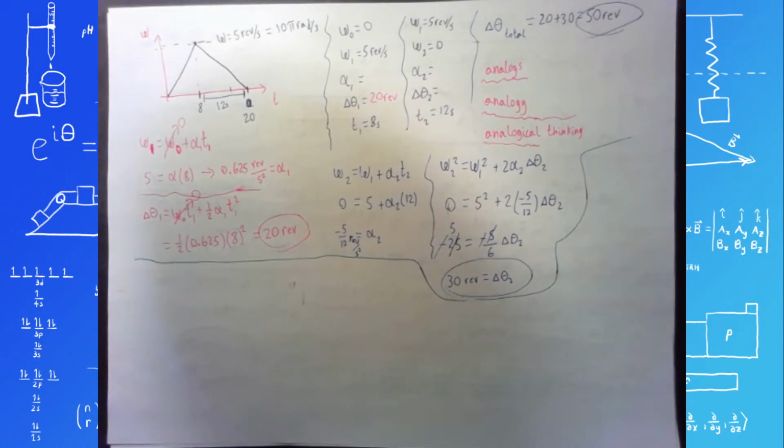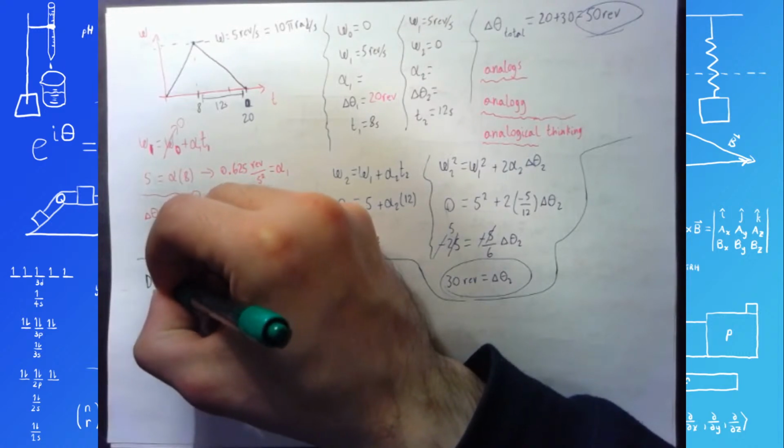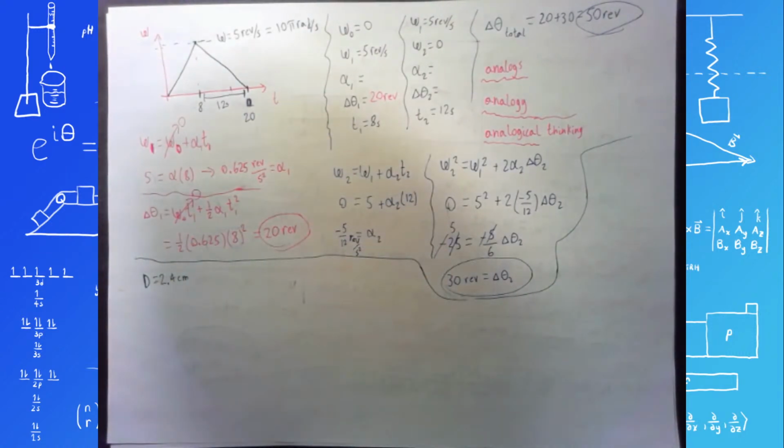So this one says a coin with a diameter of 2.4 centimeters. Be careful about the wording there. Diameter, not radius. A coin with a diameter of 2.4 centimeters is dropped on edge onto a horizontal surface. The coin starts out with an initial angular speed of 18 radians per second and rolls in a straight line without slipping.